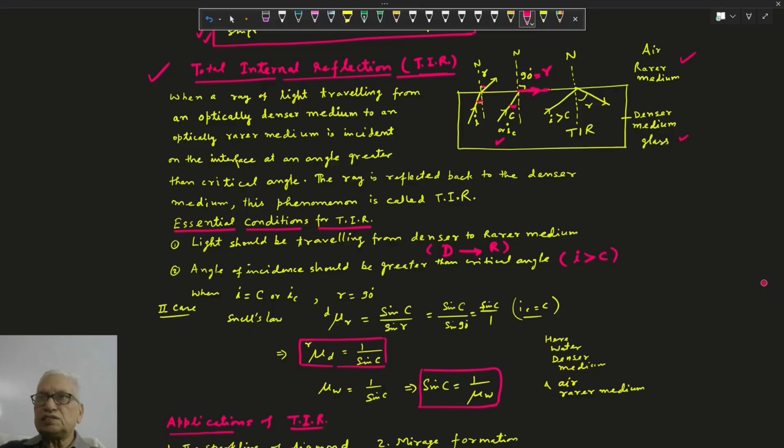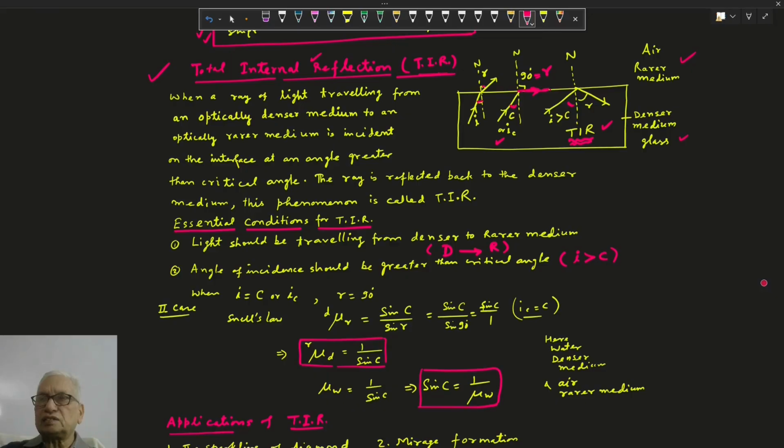Suppose you further increase i beyond the critical angle, there is no refraction. r does not go more than 90 degrees, so the ray comes back into its own medium. इसे बोलेंगे TIR, total internal reflection. There is no refraction, the reflection is total. So total internal reflection means no ray goes out: no refraction, only reflection.